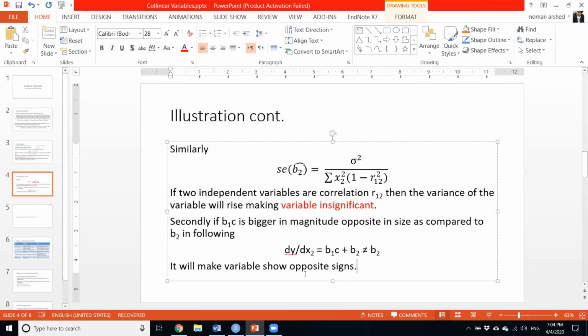So what will happen? It will make variable show opposite signs. That's another consequence that the multicollinearity creates. So we have discussed that regression multicollinearity has these problems.